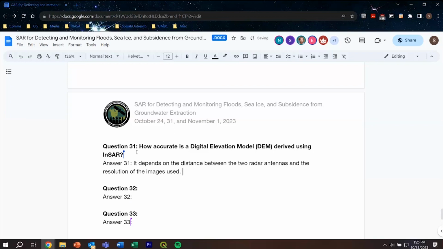For the TanDEM-X mission, it's better, probably around 3 meters. There are airborne radar systems that have higher accuracy.